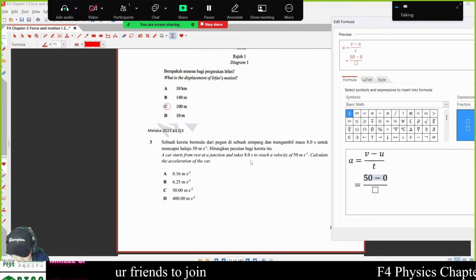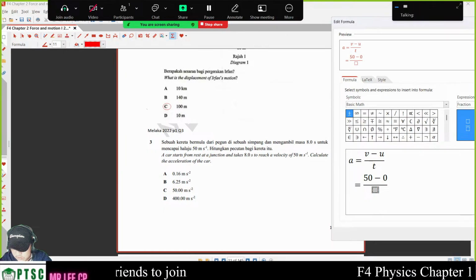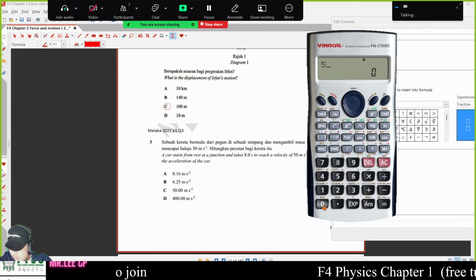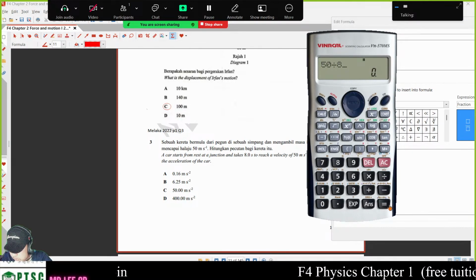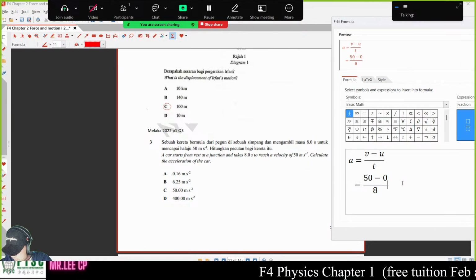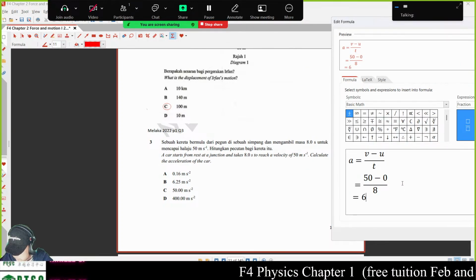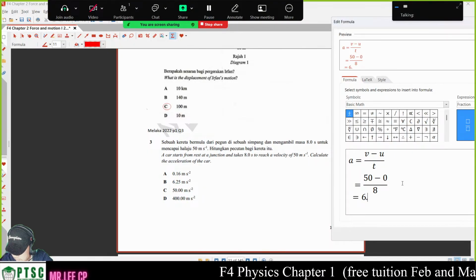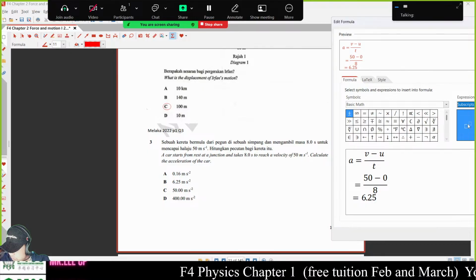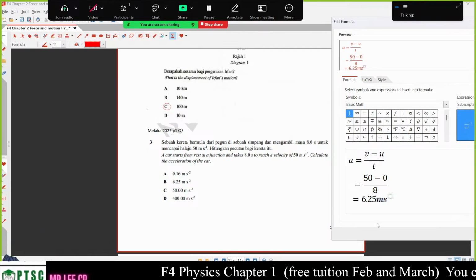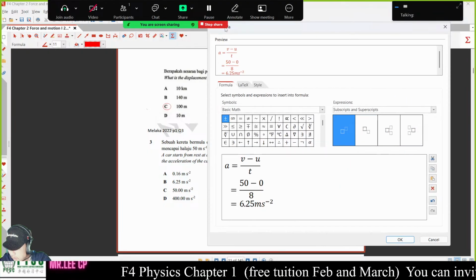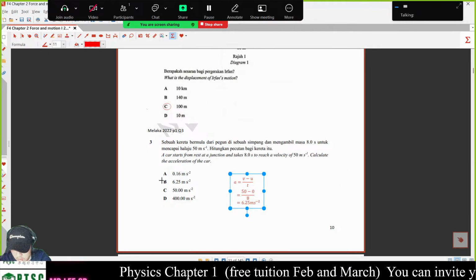This is time in seconds. You look at the unit. 50 divided by 8, you will get 6.25. Unit is m s negative 2. So the answer is B.